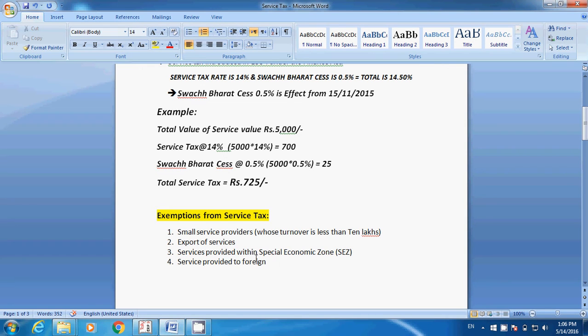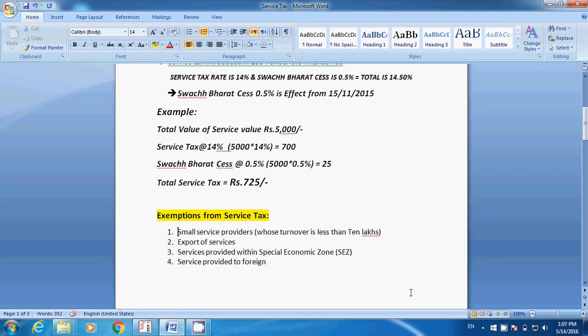And services provided within a special economic zone. SEZ is the special economic zone. If a customer is registered under SEZ and you give service to them, in that case service tax will not be applicable. And for services provided to foreign, in that case also service tax will not be applicable.